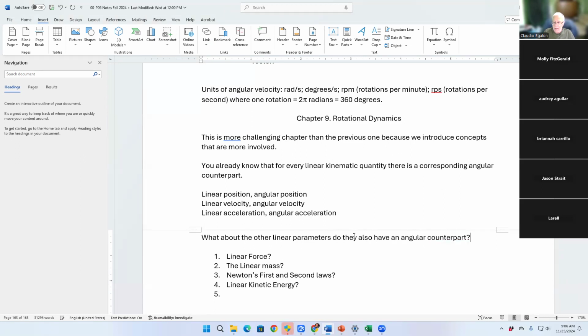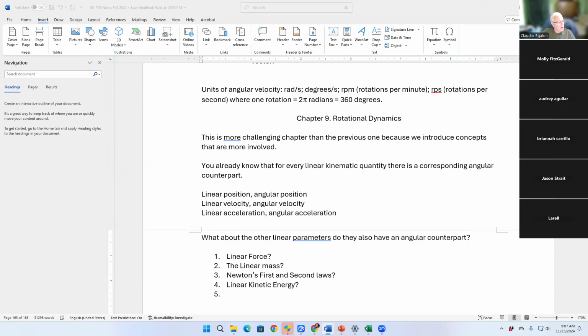Linear force, linear mass, Newton's first and second law. And then, before linear kinetic energy, we must have linear work.